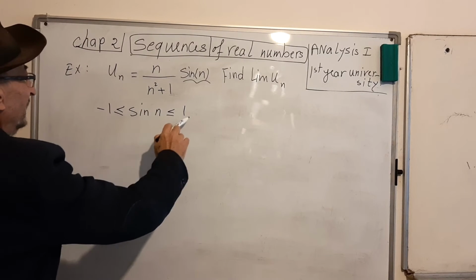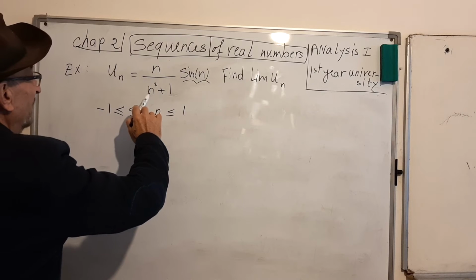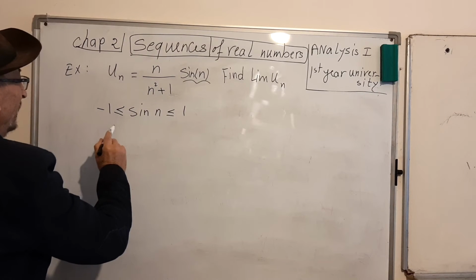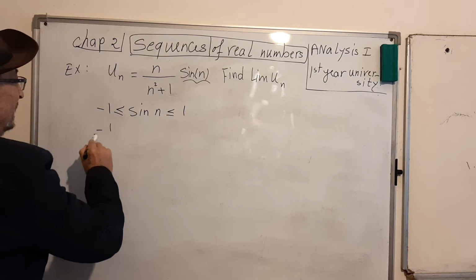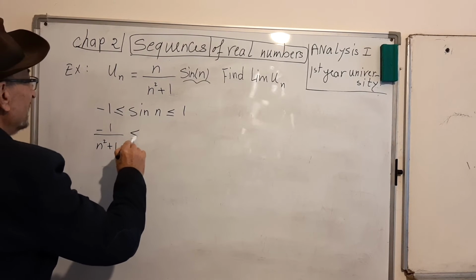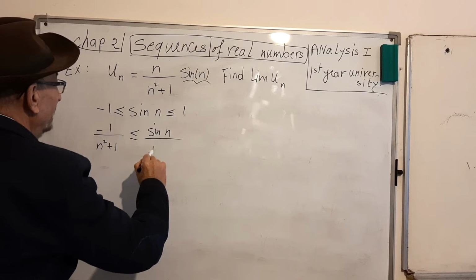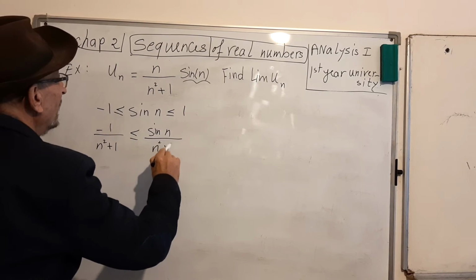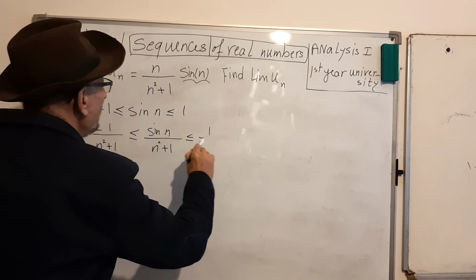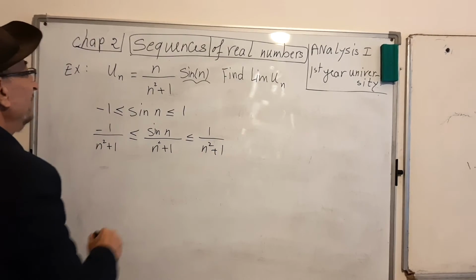We can divide by the positive number n squared plus 1: minus 1 over n squared plus 1 is less than sine n over n squared plus 1, less than 1 over n squared plus 1.